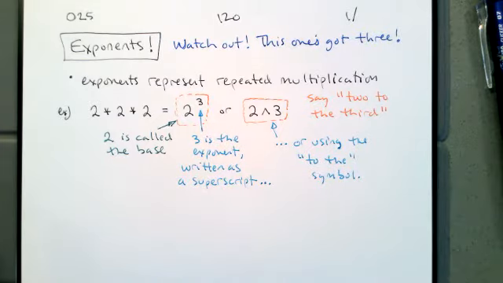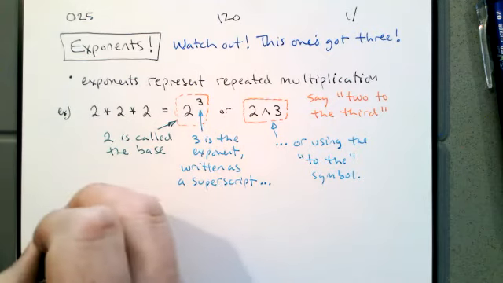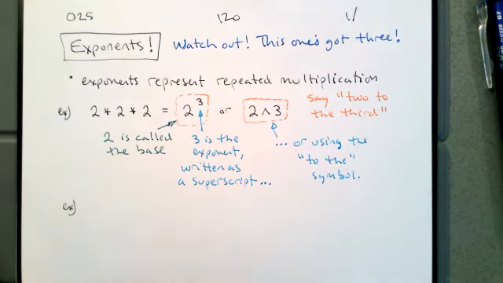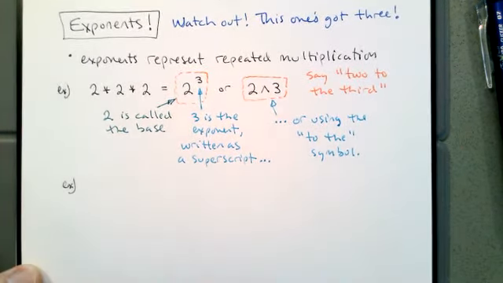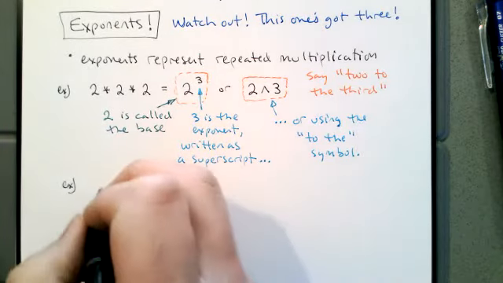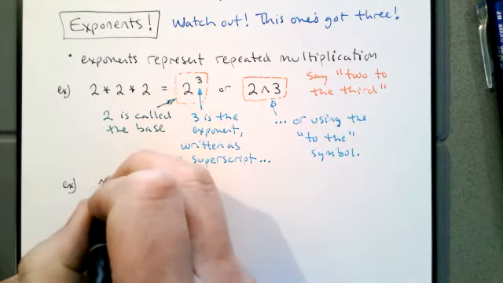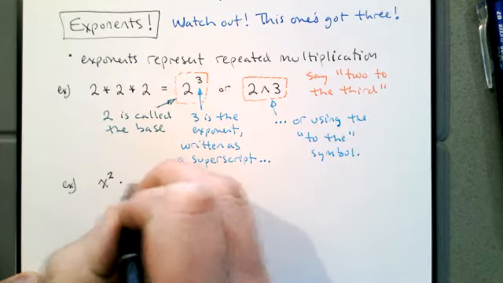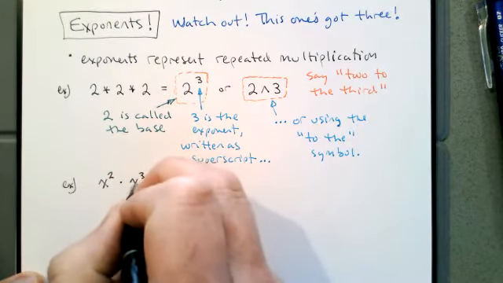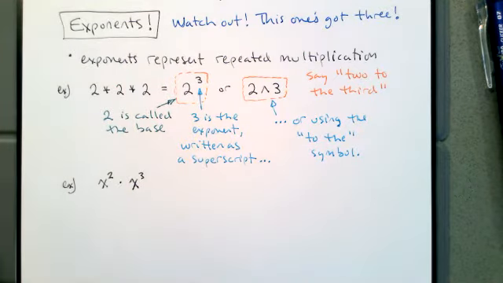This brings us to some interesting interactions with exponents. If I want to take an expression with exponents and multiply it by another expression with exponents, if we think about what these exponents represent, the rules aren't so arcane.